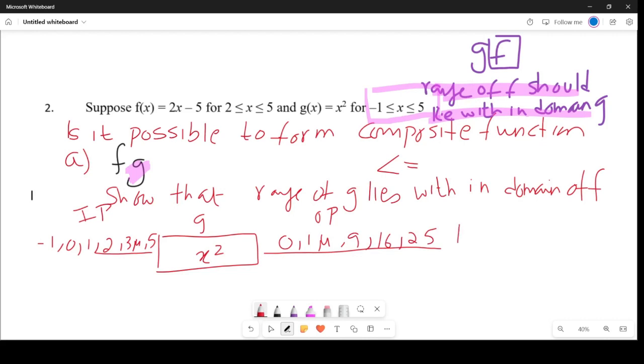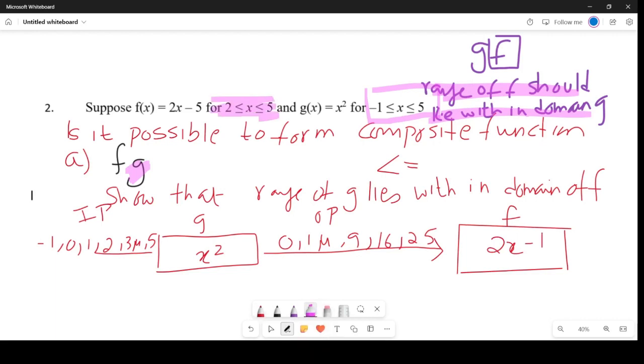Is that allowed input for the function f? No. What is the allowed input for function f? It's partially allowed, it's partially inside, but it is still not allowed.